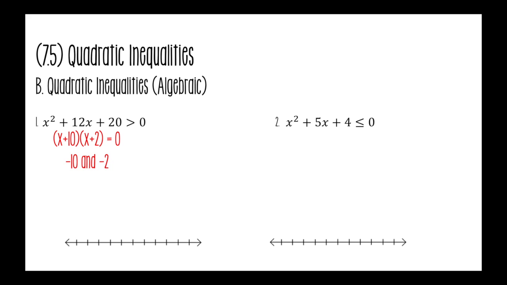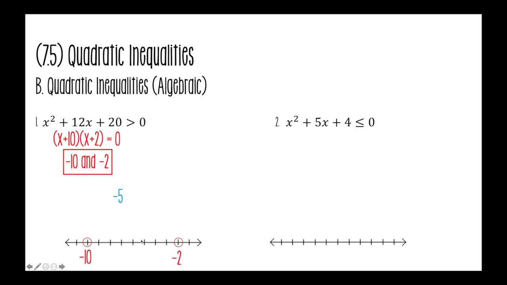For number 1, when I factor that, I'm getting x plus 10 times x plus 2. If I set each of those equal to 0, I find out that my critical values are at -10 and -2. So again, if I plot those accordingly, this time they're both open circles because it doesn't have an equal sign here. So from here, again, I need to test my different regions.